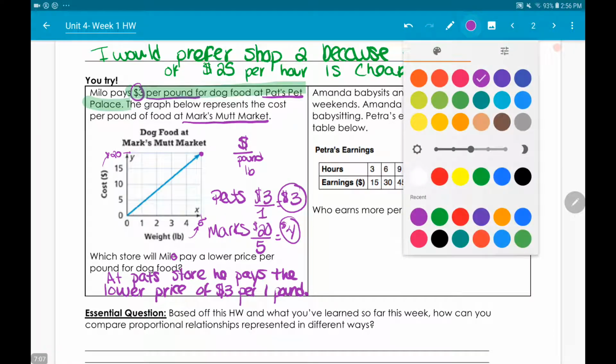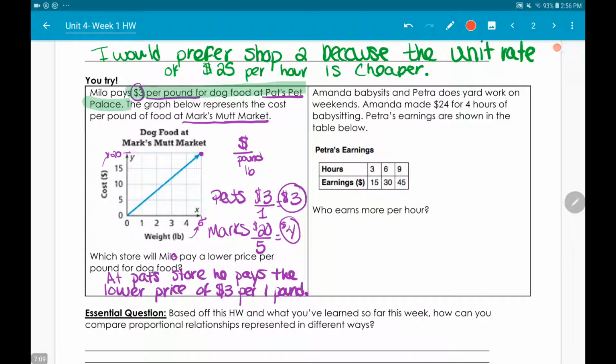Okay, go ahead and try example 2 with Amanda. Okay, Amanda babysits and Petra does yard work. Amanda made $24 for 4 hours of babysitting.